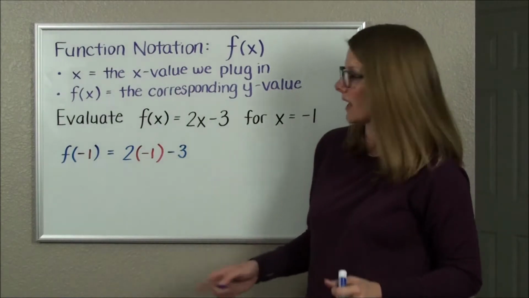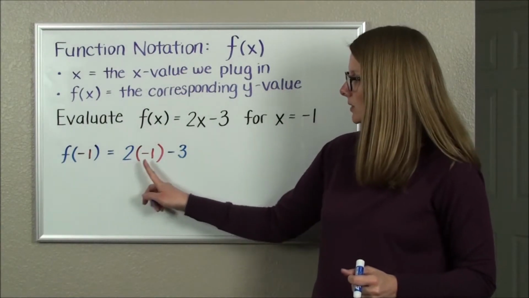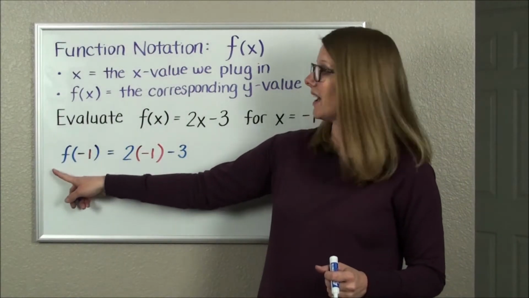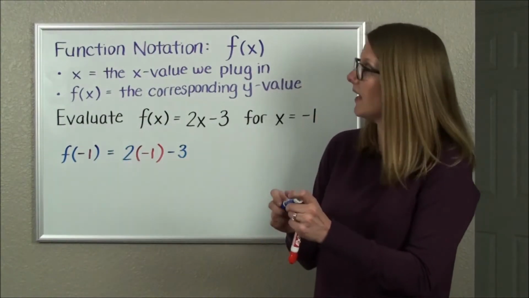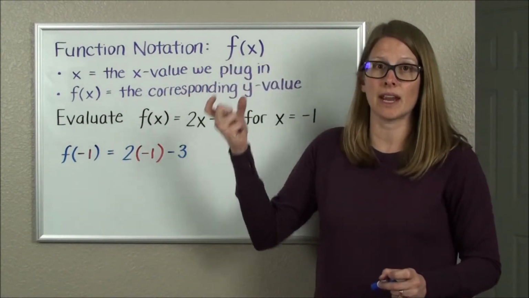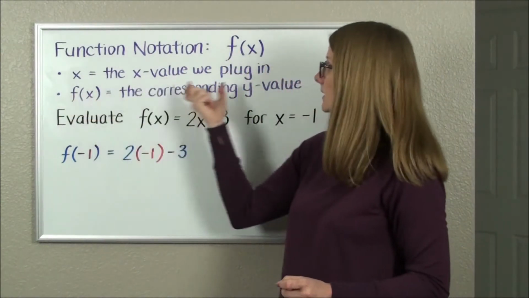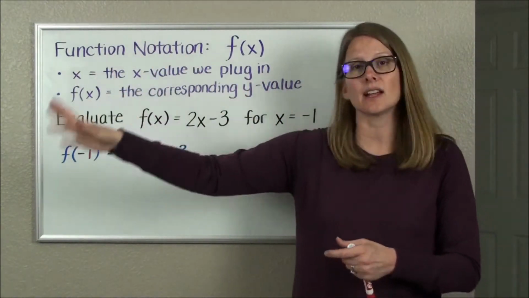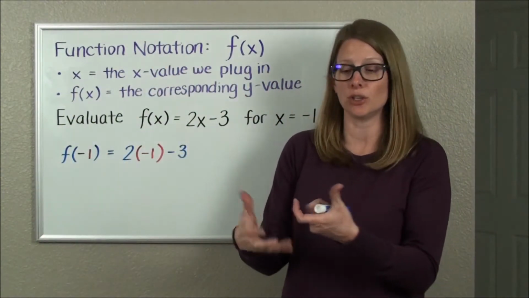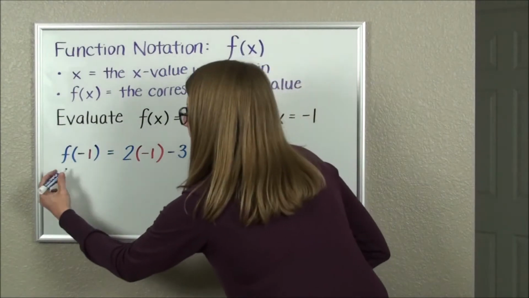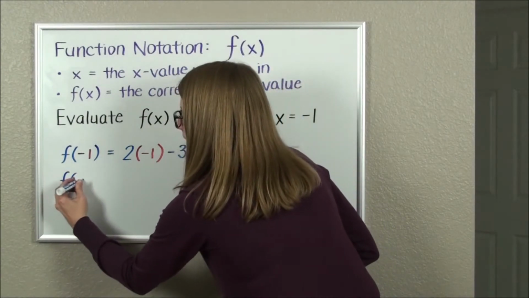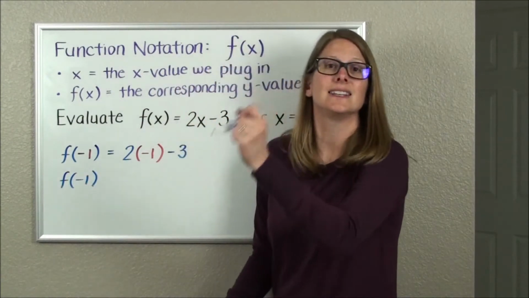Now as I'm multiplying 2 times -1, it looks like I'm multiplying f times -1. Keep in mind, f of x is its own character. F of x means y value. So the f is not separate from the x, it's one unit. And so I'm just going to keep writing f of -1. It's not the same thing as saying -f.